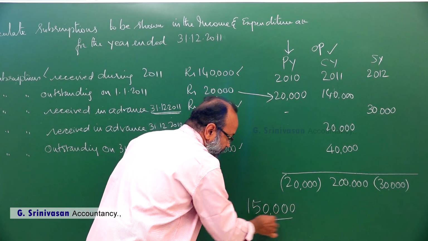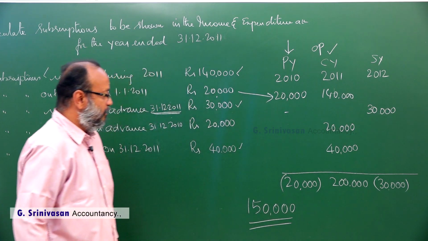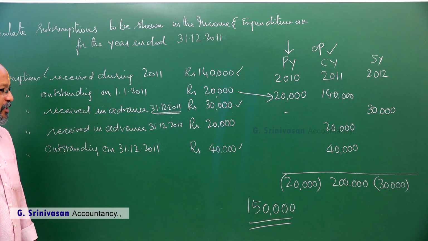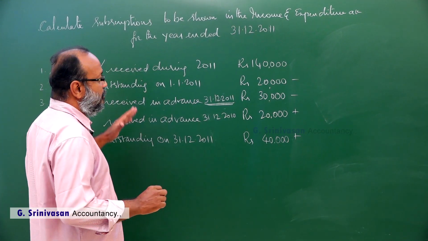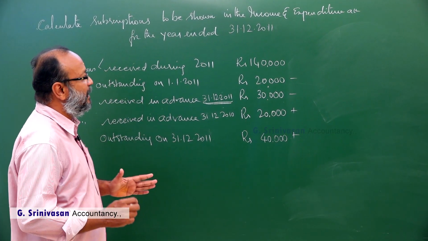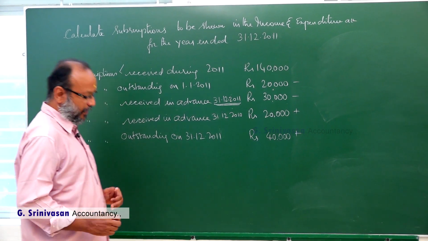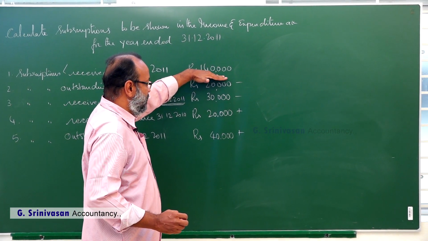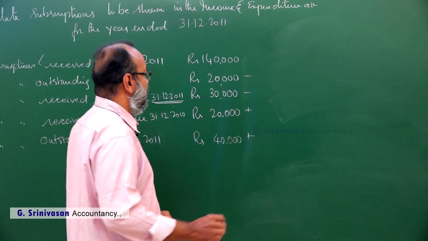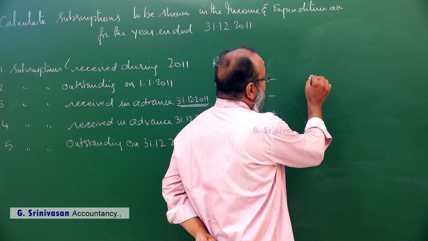Now, this is not the way to show this in the income and expenditure account, isn't it? We have to write it in a statement. Right. So, now let's go on with the calculation part. Right. So, we start with what? This 1,40,000 we start, isn't it? Right. So, we start with 1,40,000.